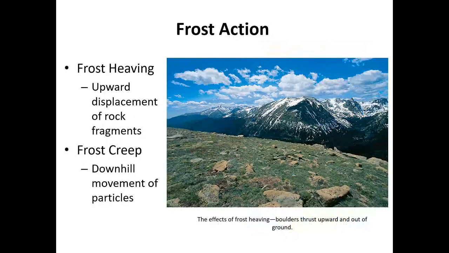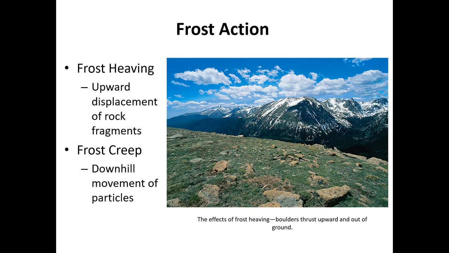So frost action, as the earth in these areas thaws and freezes and thaws, can actually cause something called frost heaving, and that can push up different boulders from the soil up to the surface. These big rocks you see there are boulders that have been thrust upwards from frost heaving.